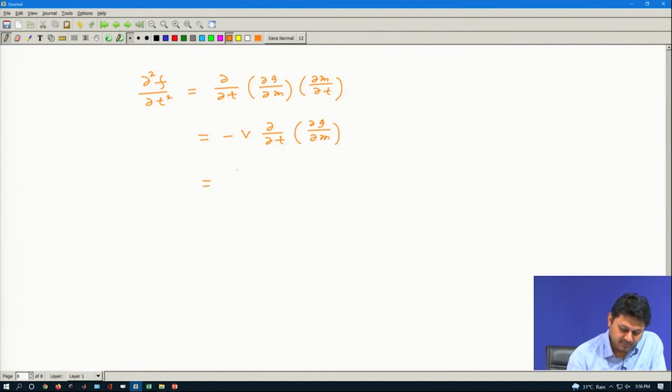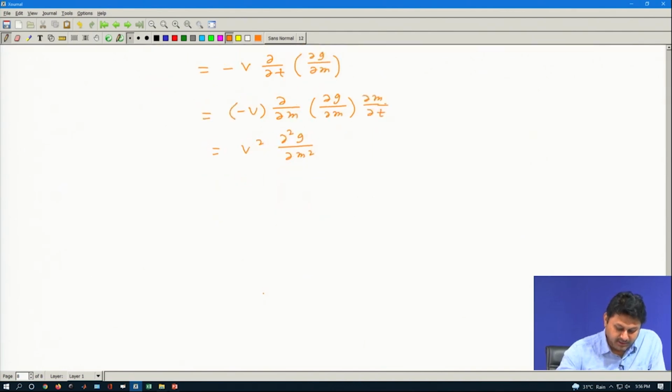Further I can have minus v d/dm of dg/dm and dm/dt, chain rule. This again gives a minus v. So, eventually I have v square d2g/dm square.